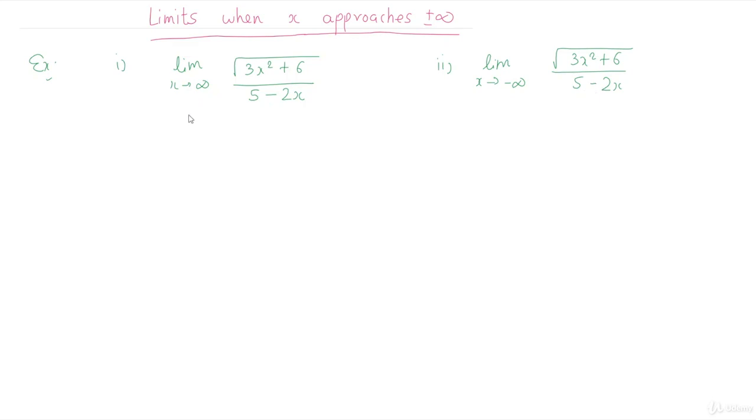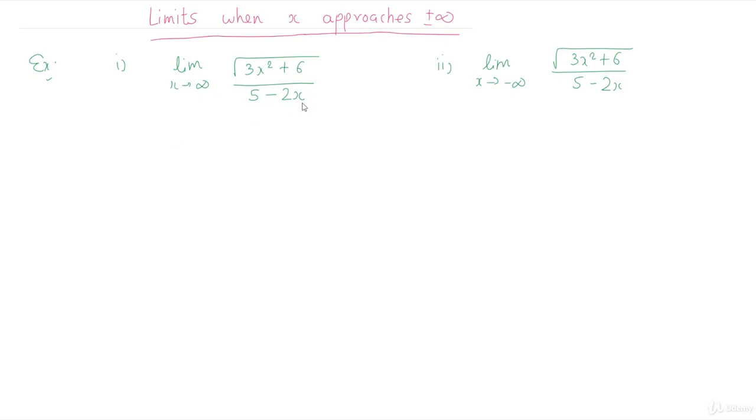So now let's first evaluate the first part. As we have discussed in the previous example, we have to take out the largest power of x in the denominator as a factor from both the numerator as well as the denominator. But you see, in the numerator, everything is under a square root. And in the denominator, the largest power of x is 1.